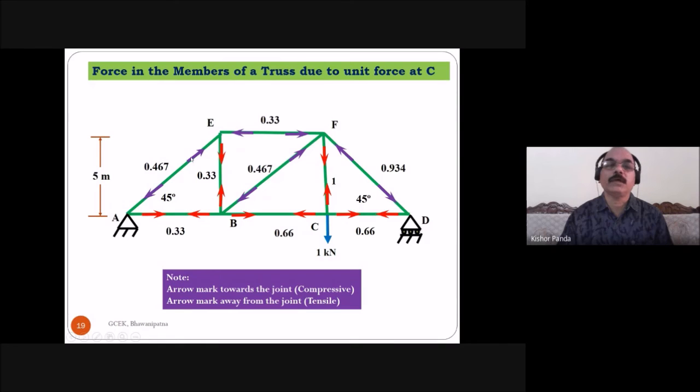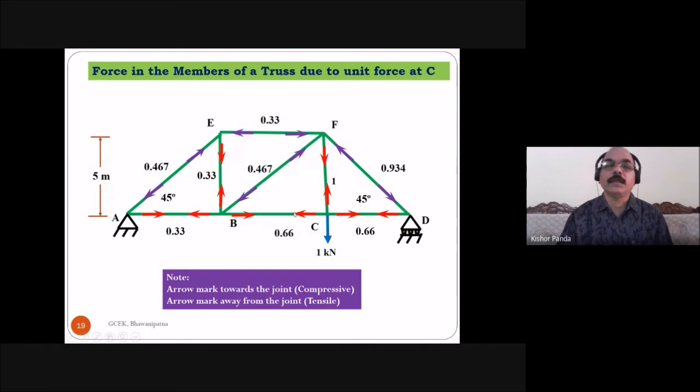These four forces are compressive nature. The force in the member AB is 0.33 kilonewton tensile, in the member BC 0.66 kilonewton tensile, in the member CD 0.66 kilonewton tensile and in the member CF 1 kilonewton tensile.